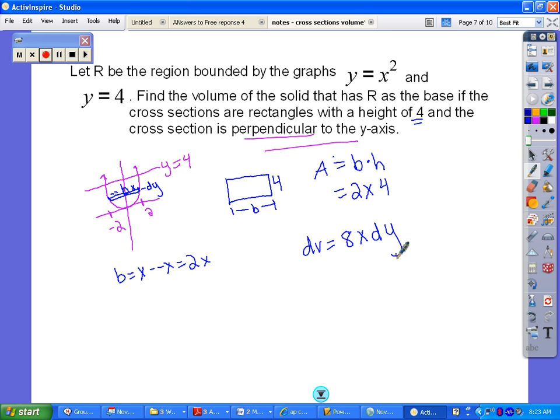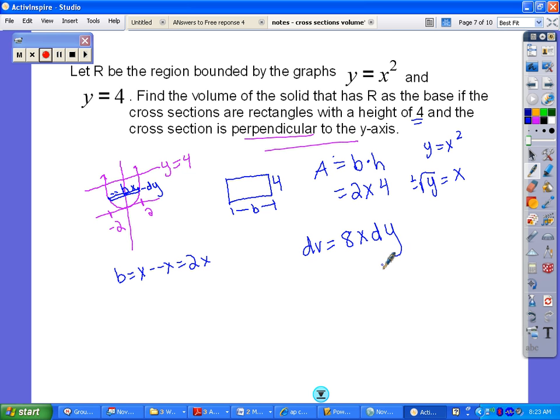So we need to get it in terms of y. You don't ever have to put it in terms of x; you can skip that. So we need to solve this equation for x. If y equals x squared, then x is the square root of y, and it's technically plus or minus the square root of y, so that's how we get our positive and negative one.